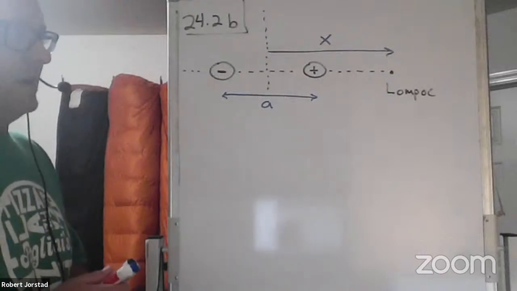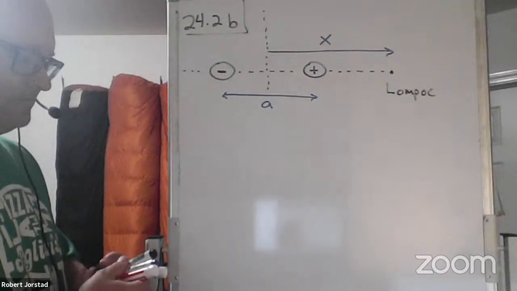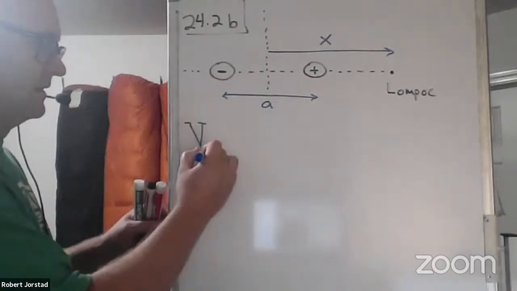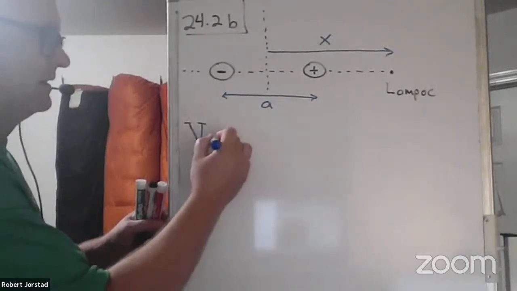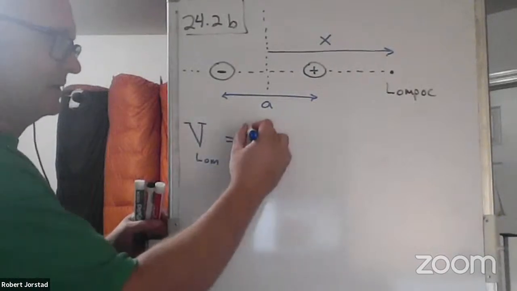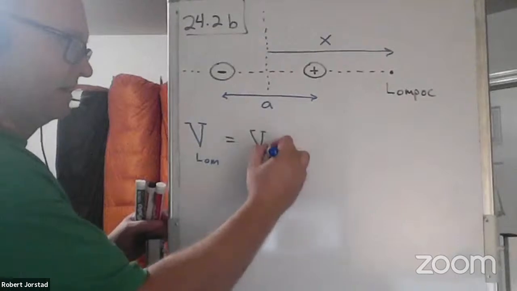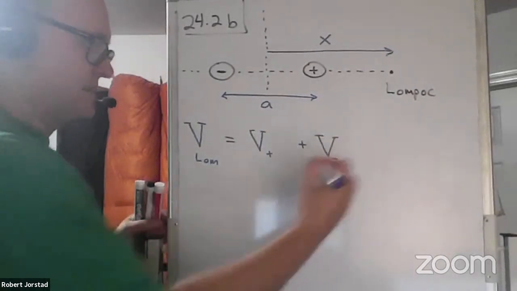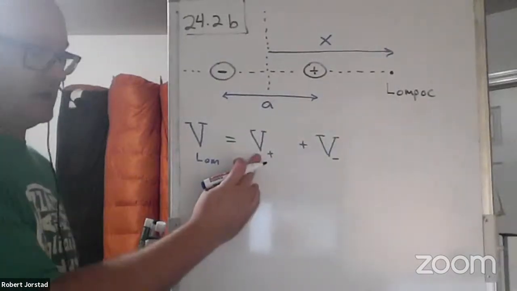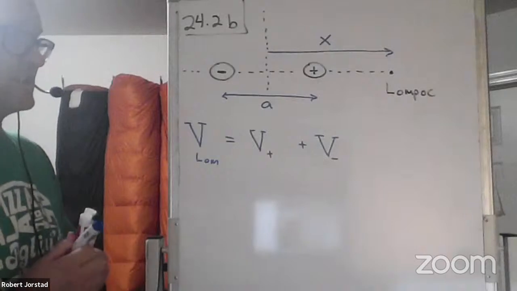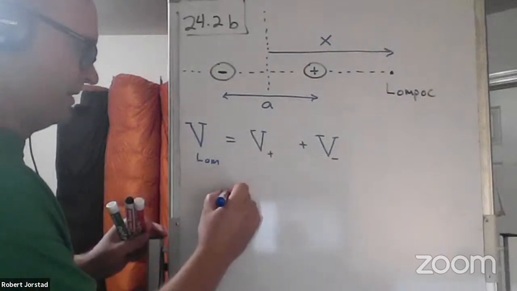In this case, I'm probably going to write down the V at Lompoc is equal to V plus V minus, meaning the voltage caused by the plus charge and the voltage caused by the minus charge. So we're going to need some distances in here.